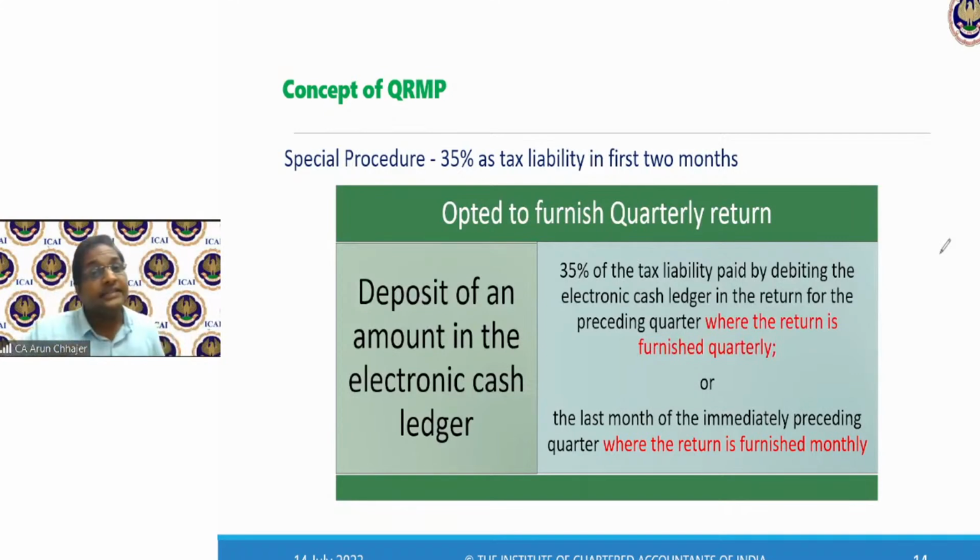ठीक है? In April, May and June, you have filed 3B separately. Check GSTR 3B for the month of June.